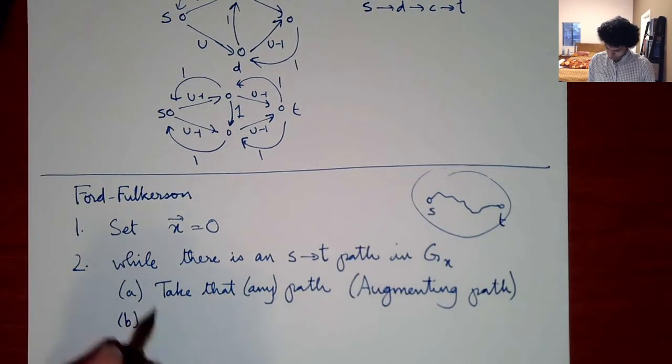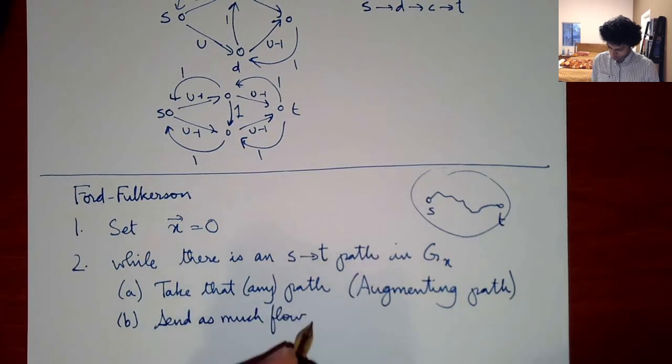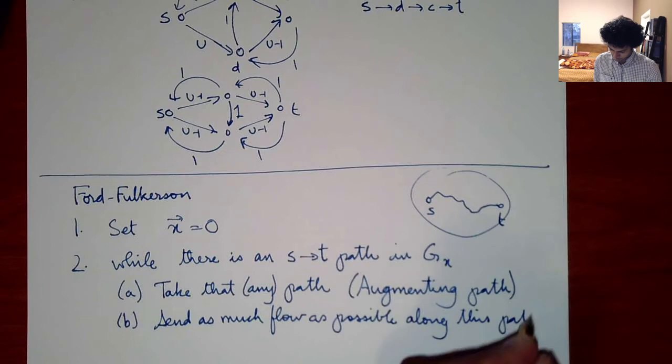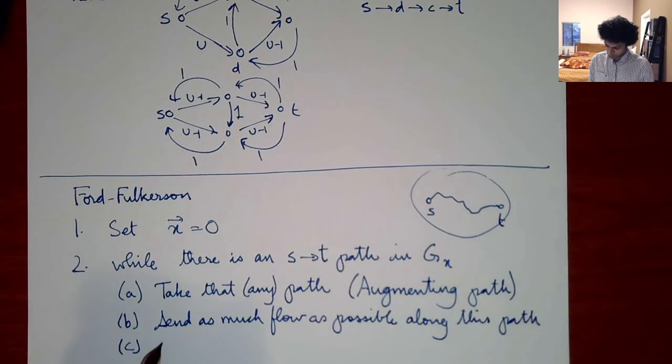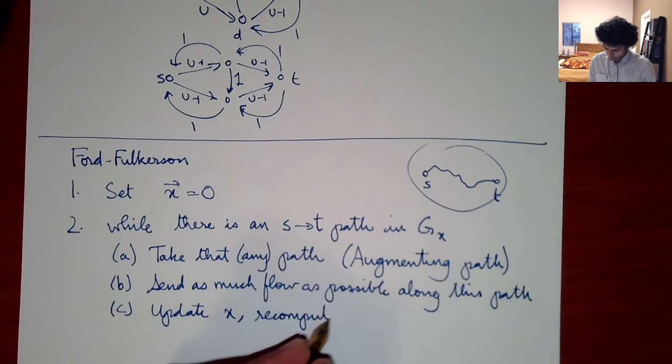And then send as much flow as possible along this path. So this is going to update the flow x, and you recompute g of x.